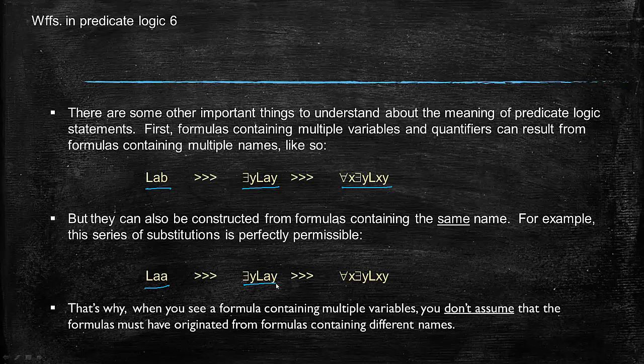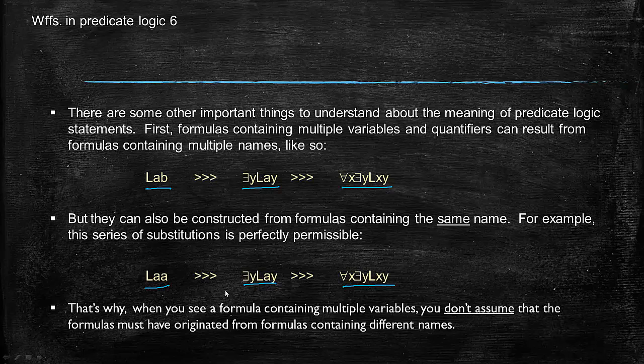So there exists a y, Lay. And then you could substitute the final formula. So notice that these two formulas are exactly the same, even though they originated from atomic formulas, one of which said Lab, the other of which said Laa.